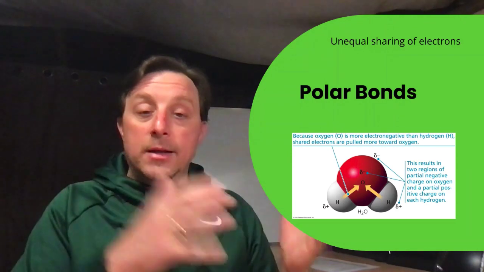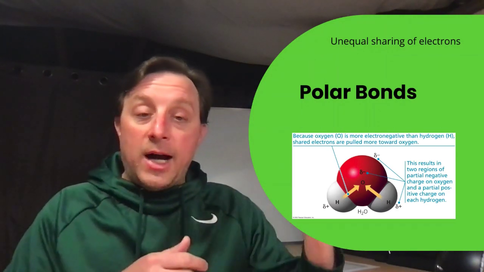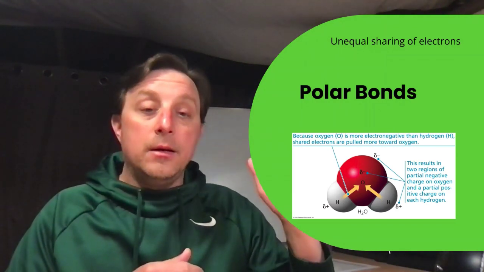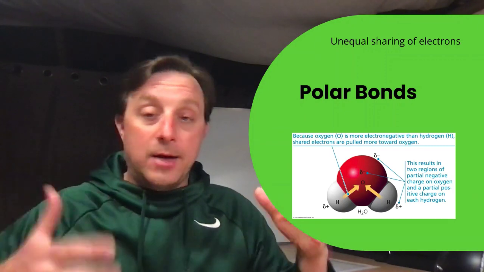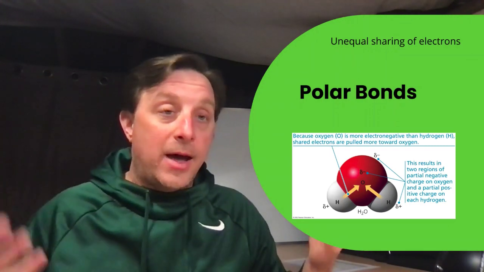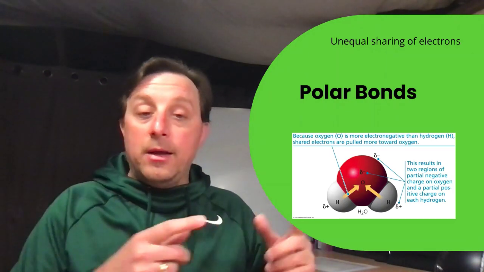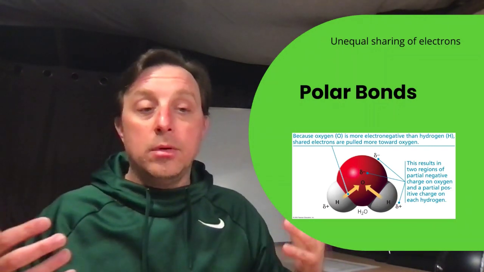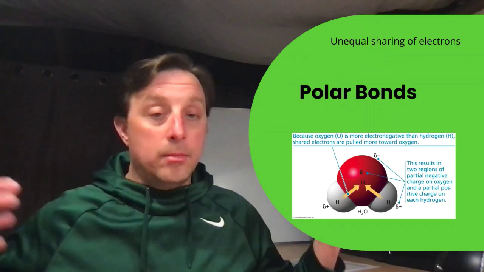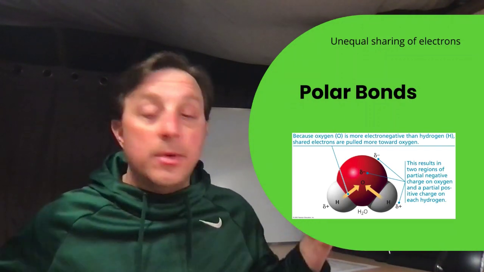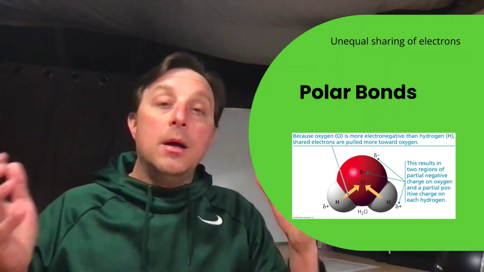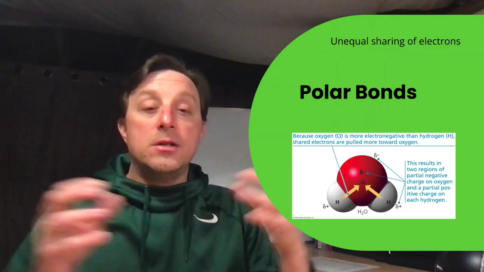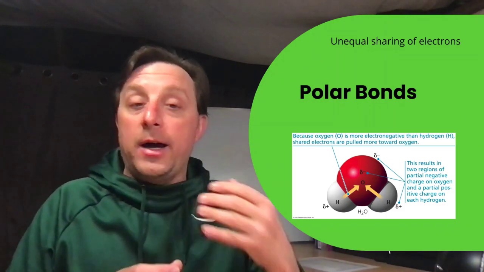But in this case with water, we have oxygen, which is fairly electronegative. Remember I said that was the most electronegative atom that we'll probably see. And then there's hydrogen, which is somewhat weakly electronegative. So oxygen is going to be pulling those electrons toward it, but not strong enough to actually strip those electrons off of the hydrogens.